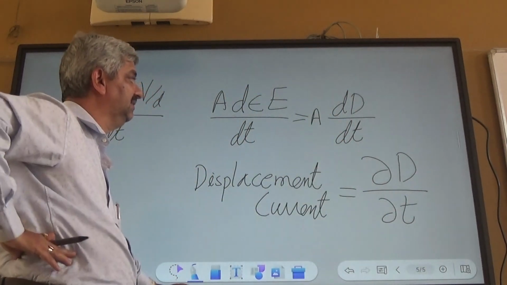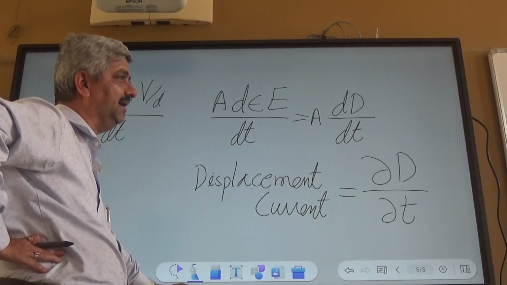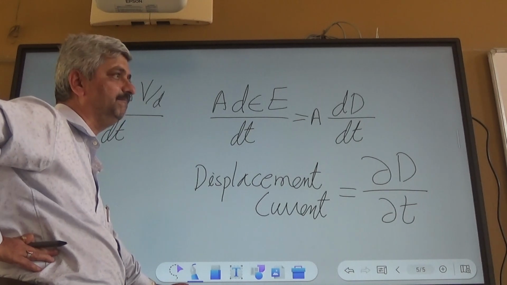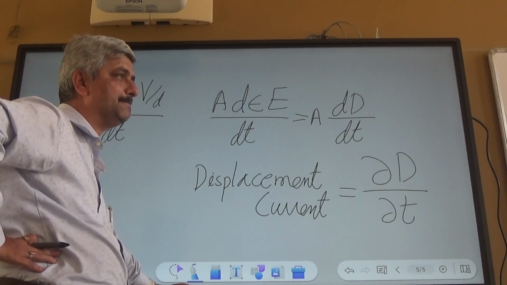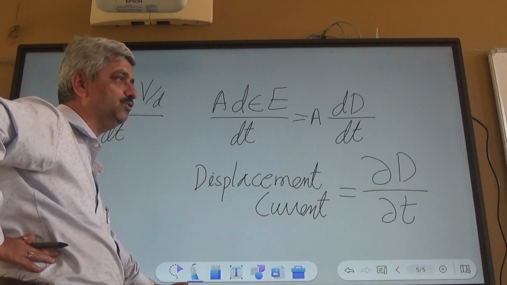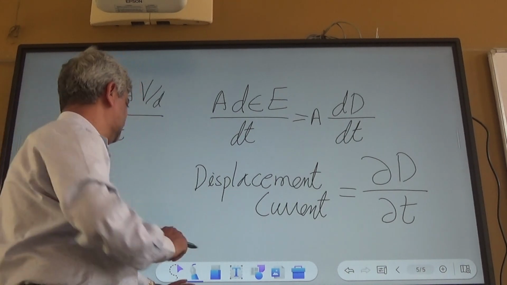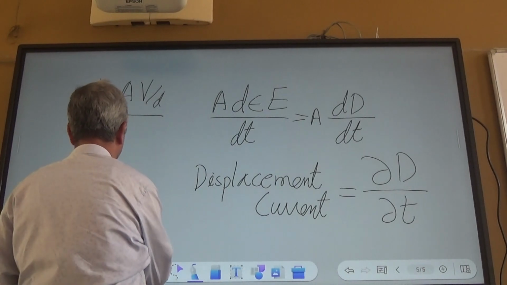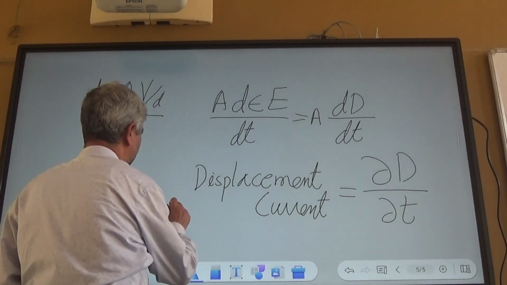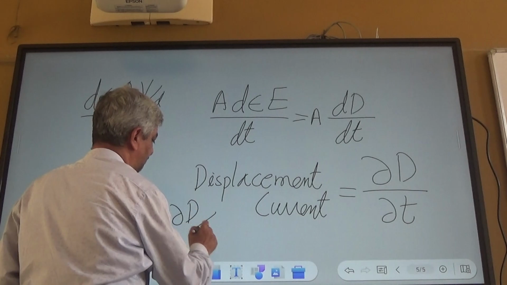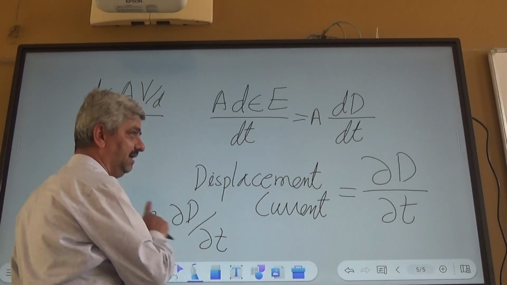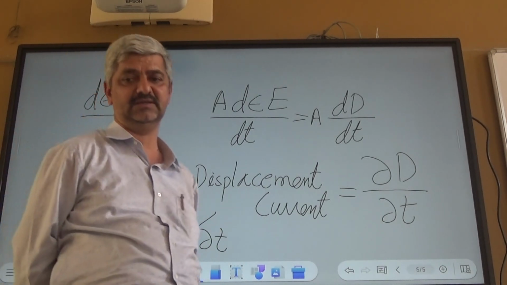Displacement current is delta D by delta t. So this is conduction current J, and delta D by delta t. These are two forms of current.